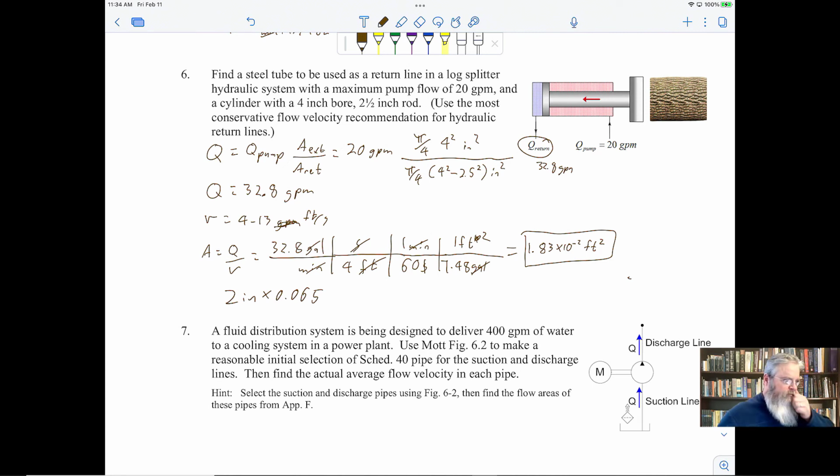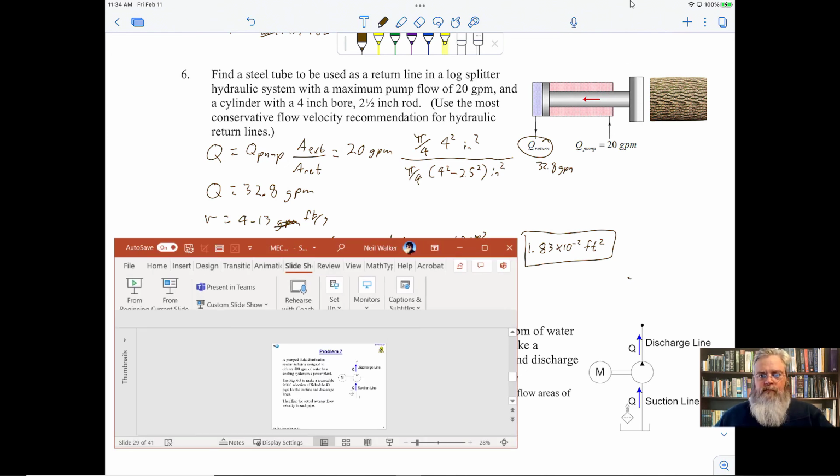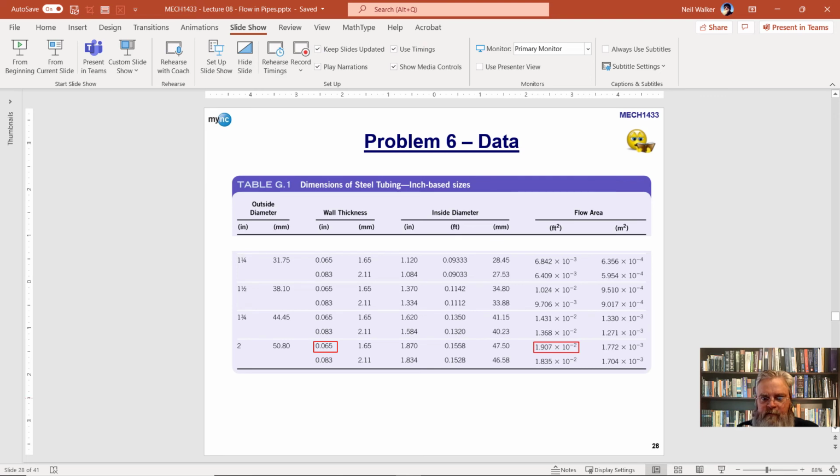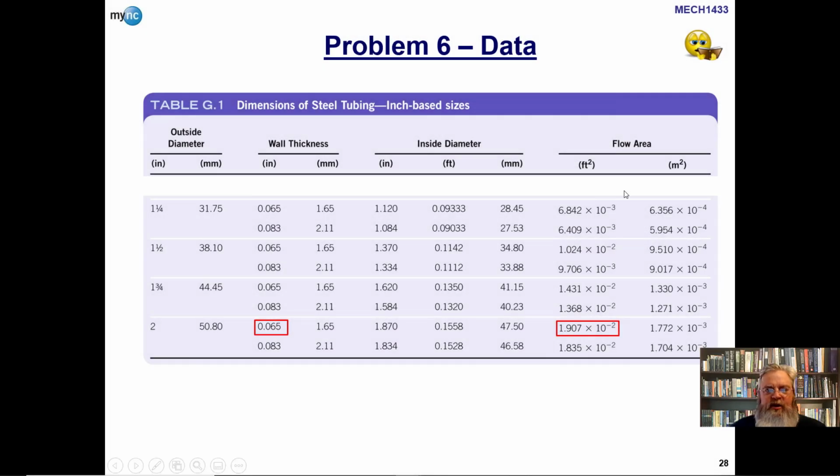Now, let's pay a little bit of attention to this, because there's a bit of a trick to this. So here's our tube data for our log splitter return line tube. We wanted to get a big tube.